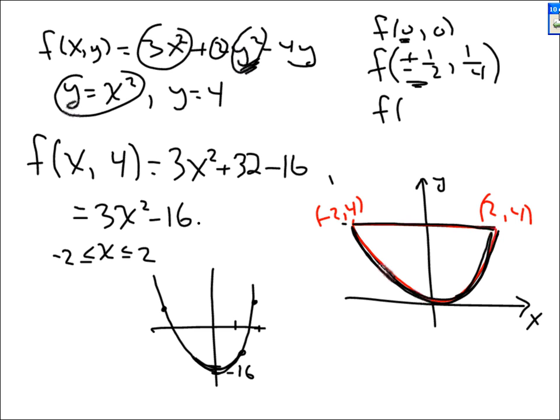So f of plus minus 2, and y is 4. Those are the places we're going to look. No, I don't like what I just said. Yeah, you have to check the endpoints. You have to check the endpoints.